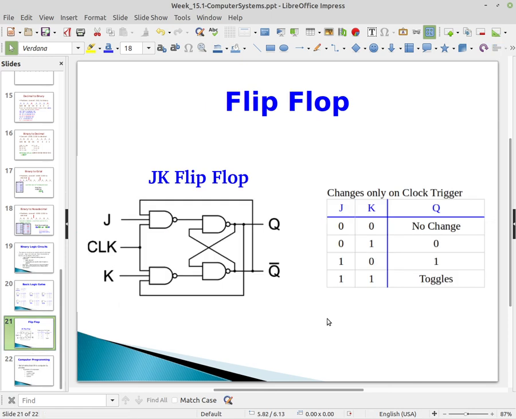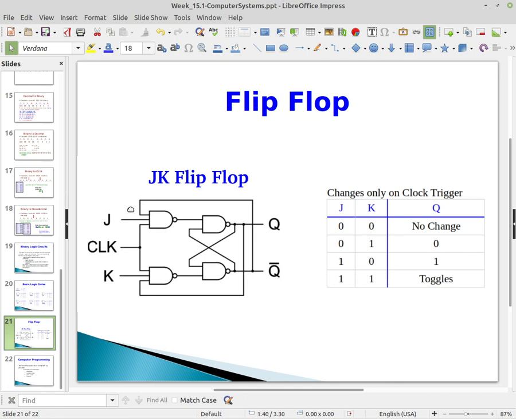All right, so here's an example of a flip-flop. This is called the JK flip-flop, and you can see it's actually made out of 4 NAND gates. But what's happening here is that the output is Q, and we're passing the output Q back. You see how it's being fed back to the two inputs.